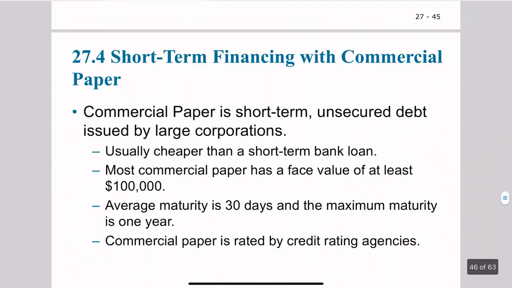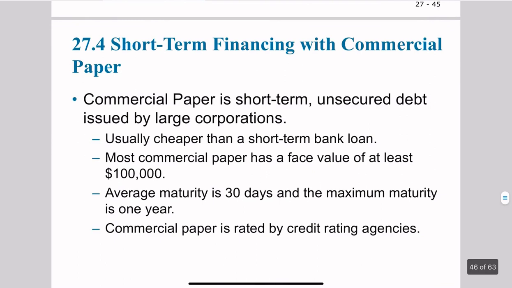Okay, let's move on to the next section, which is about commercial paper. We will talk about short-term financing with commercial paper. And commercial paper is really an important way for large firms to do short-term financing. Commercial paper is short-term unsecured debt issued by large firms.